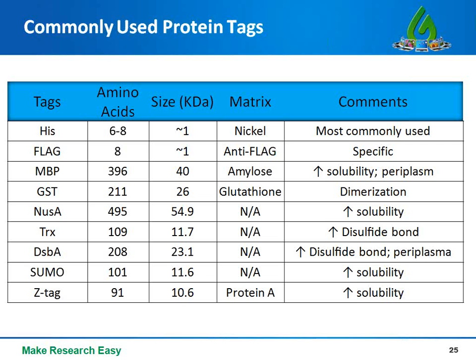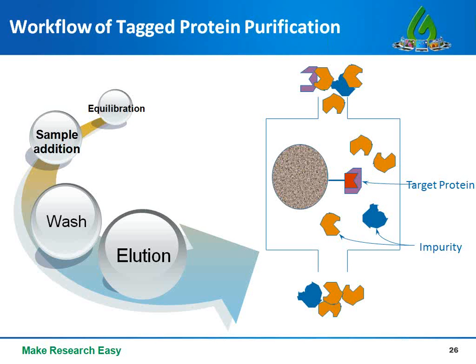Tags like MBP, GST, NusA are big tags, and they serve different purposes such as increasing solubility, facilitating proper folding, periplasmic expression, etc. For tagged protein purification, they go through a routine workflow as illustrated here.